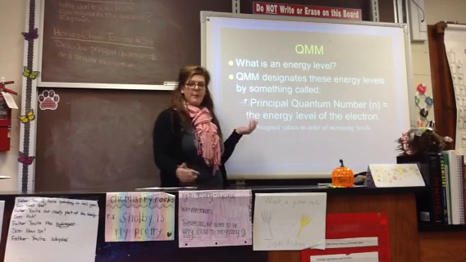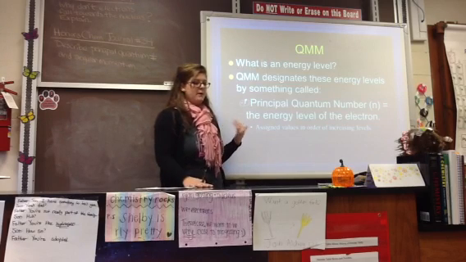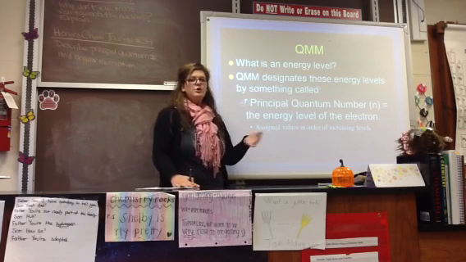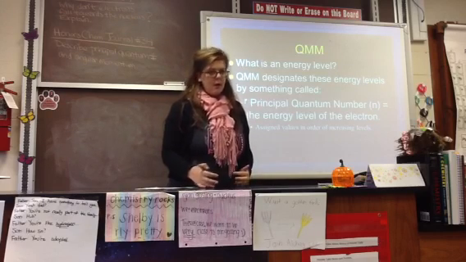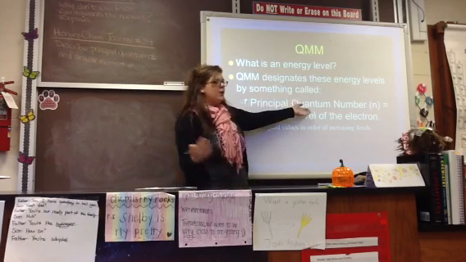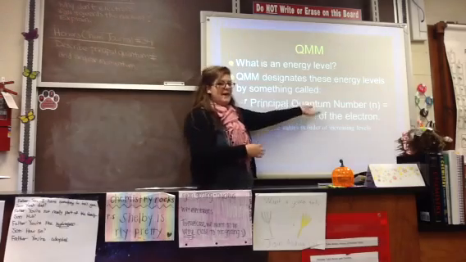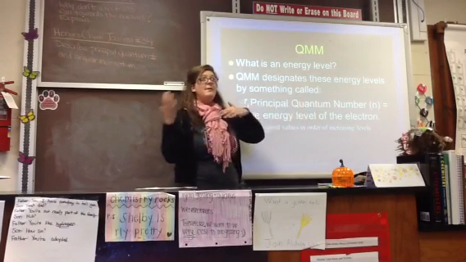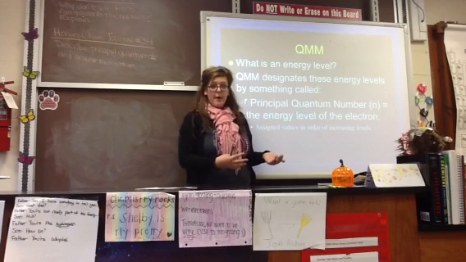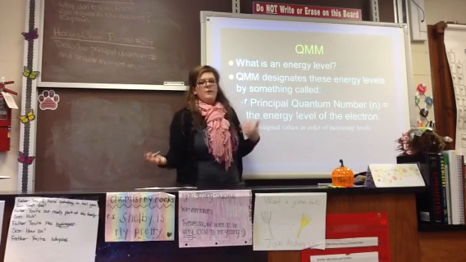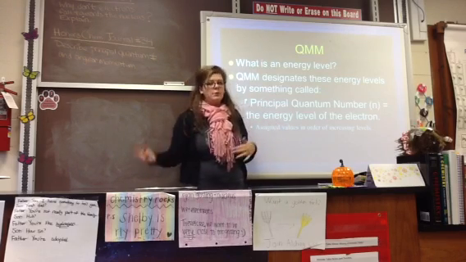With principal quantum number, if I were to ask you a question like, N is equal to what when you're in the third row? You would write N equals 3, because principal quantum number or energy level is symbolized by N. So if I'm in the third row, N would equal 3. If I'm in the first row, N would equal 1. If I'm in the second row, N would equal 2.